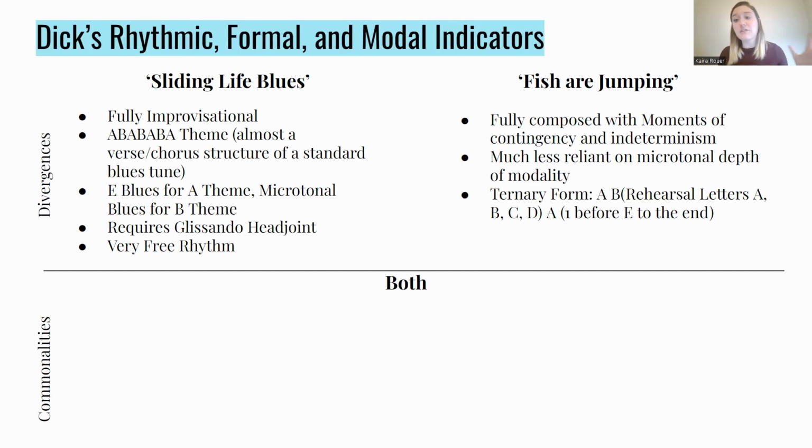The B section is very long, and it's split up into four developmental ideas or sections. But as a whole, it is very much like, here's an idea, here's a bunch of new ideas, and then here's the return of the original idea, almost verbatim. And this is built on the F minor blues scale, and it doesn't really deviate much from that.